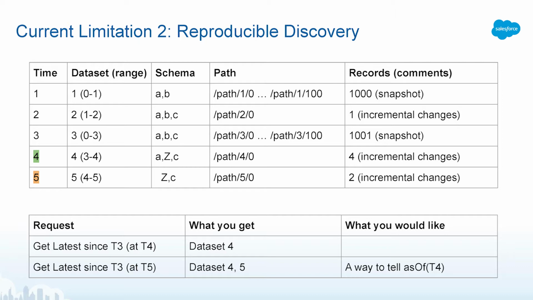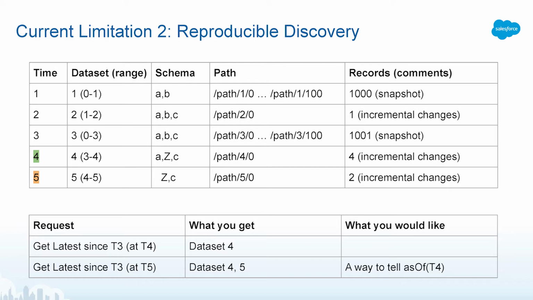Let me explain why. Here is a timeline of data sets that was created just for the sake of this example. At time 3, a snapshot was created with 1,001 records. The schema at that time was A, B, C. Very straightforward.